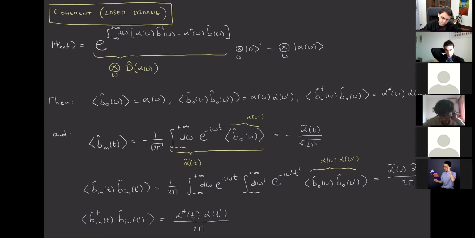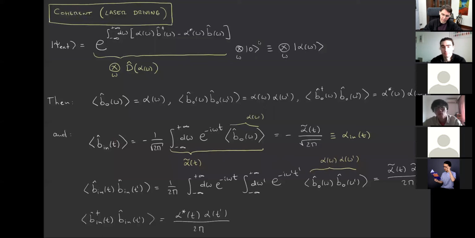As I have said, these input operators form also a canonical algebra. So this means that you can either talk about modes with a frequency label, or you can talk about modes, equivalent modes, with a time label t. And if we call the expectation value of B in the amplitude alpha in, okay?